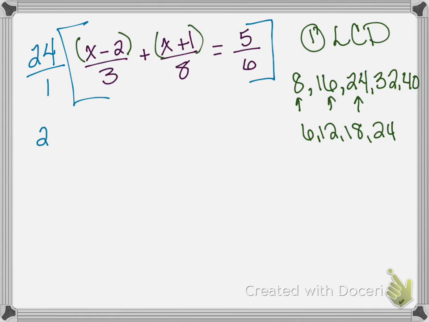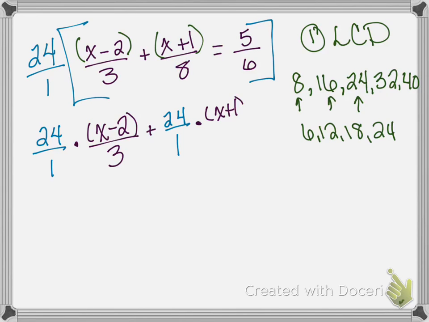So 24 over 1 times, and I'm going to write those parentheses, (x minus 2) over 3, plus 24 over 1 times (x plus 1) over 8.